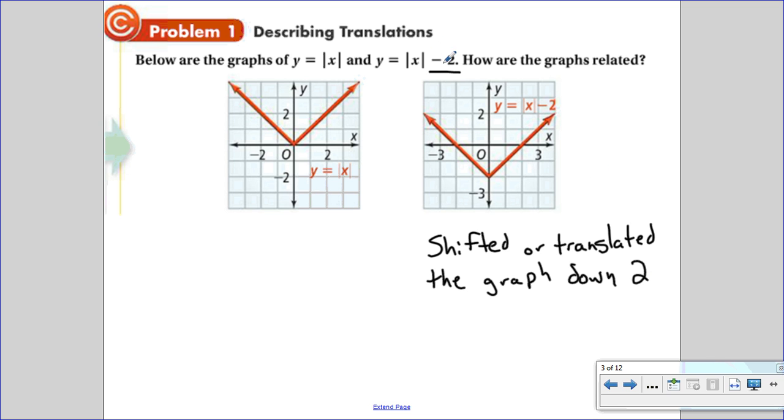So when there's a number on the outside of the absolute value, that has a shift or a translation vertically. So what I would suggest to you is have something in your notes, some kind of a note that says outside of absolute value is vertical.